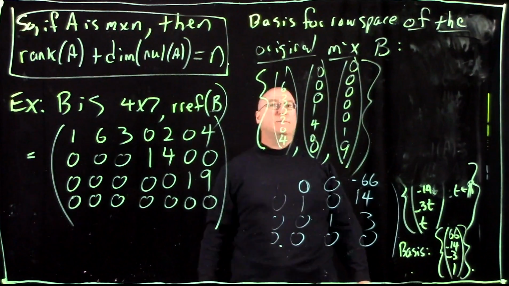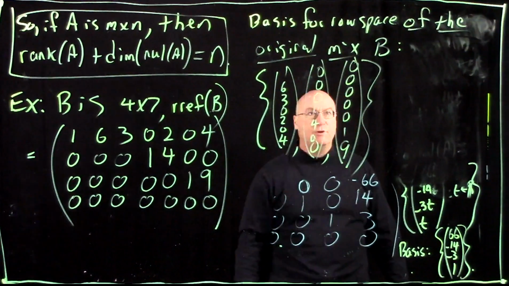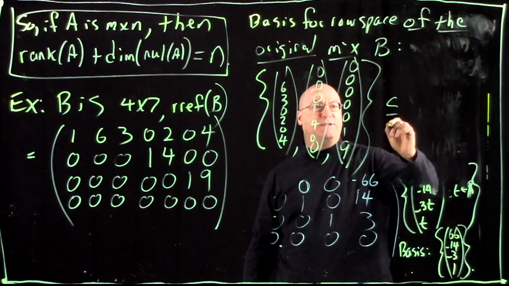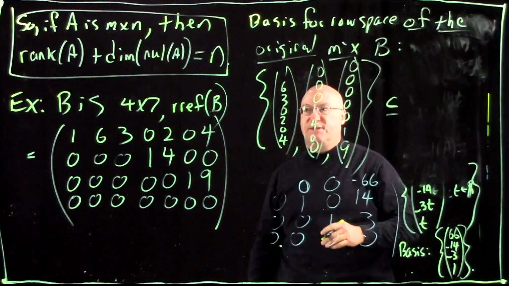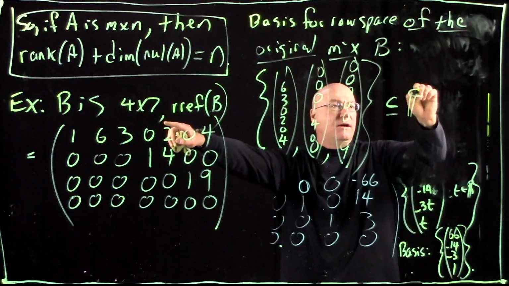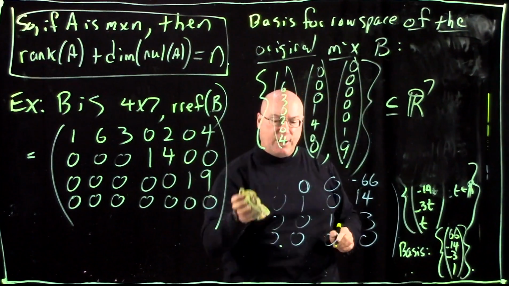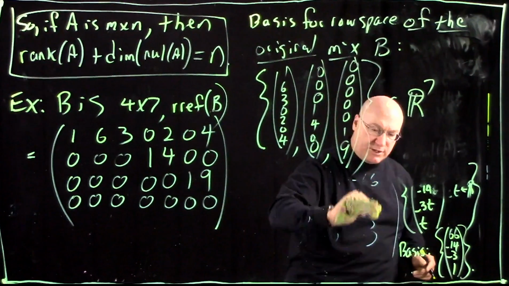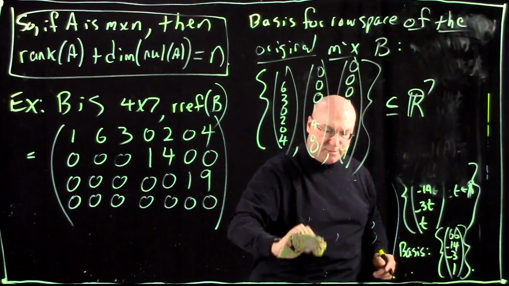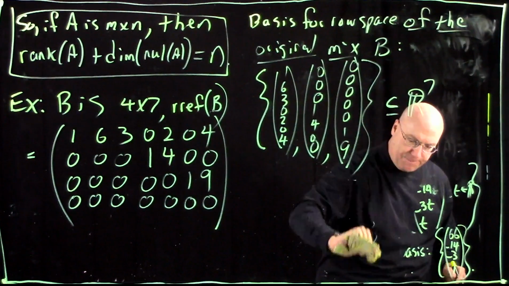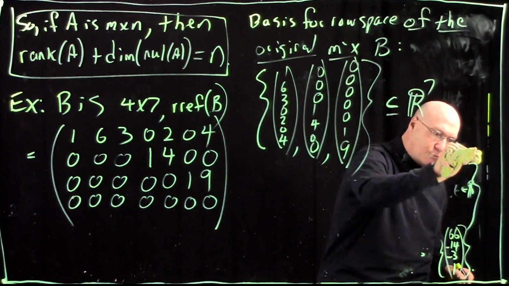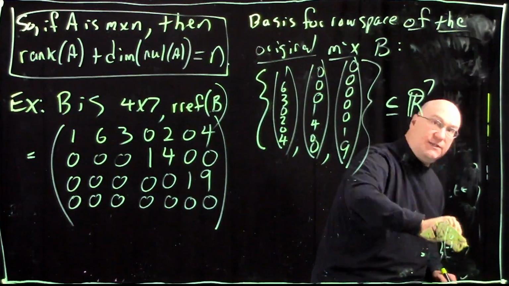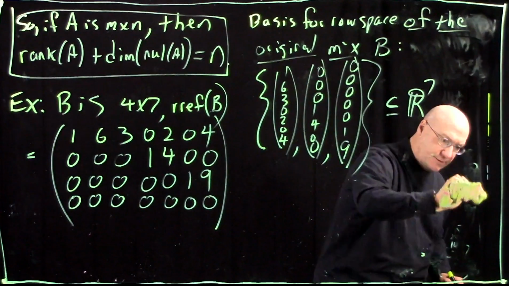Okay, that is a basis for the row space of the original matrix B, and this basis is a subset of R7, right? That's where I'm starting from. If I think of the linear transformation as multiplication by this matrix, so right away I can tell you the rank is 1, 2, 3, is 3.